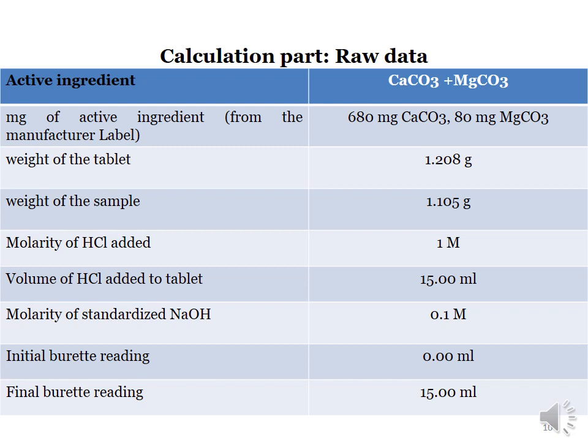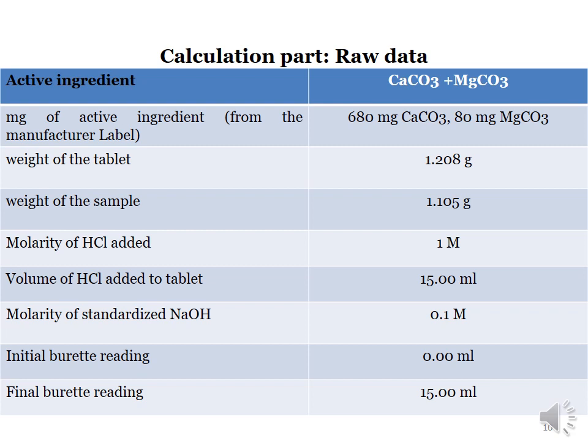Now we arrive at the last part, the calculation part, and we are dealing with the table that focuses on the raw data. The active ingredient of a Reni tablet is made of calcium carbonate and magnesium carbonate. So again, calcium carbonate and magnesium carbonate.